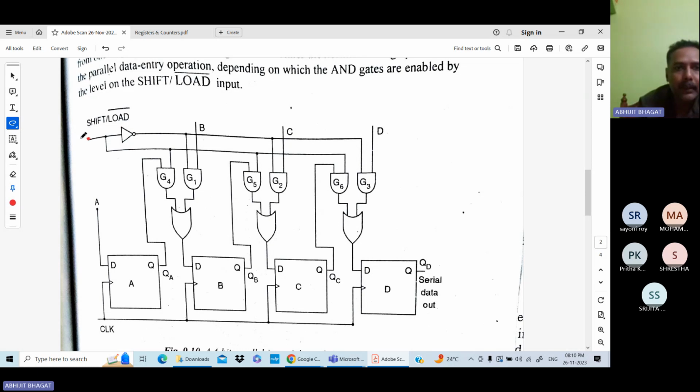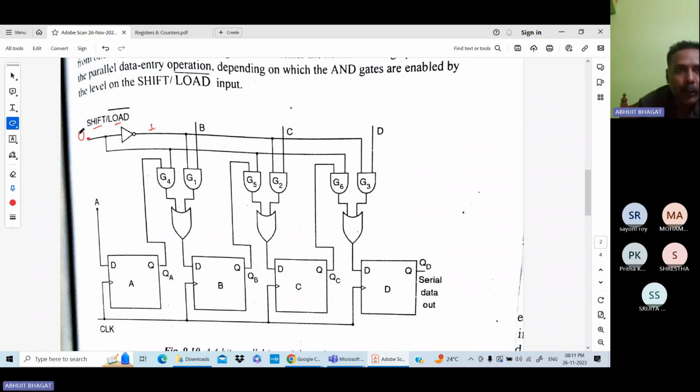When there is 0, at that time, here you are getting 1. These two lines are used for shifting and loading of data.